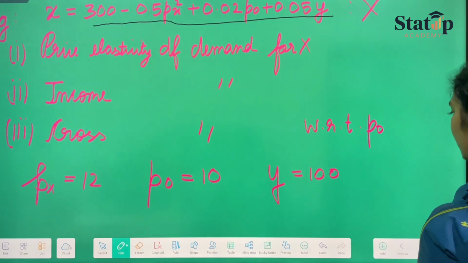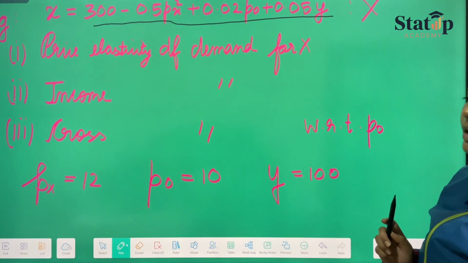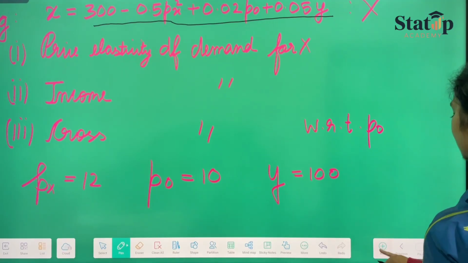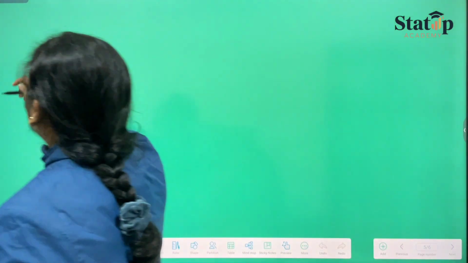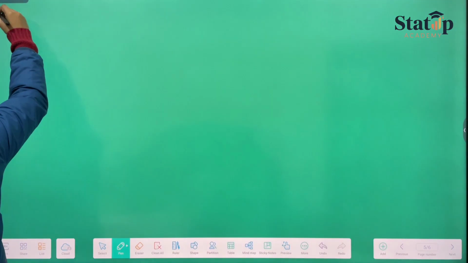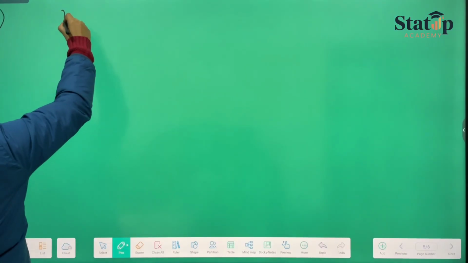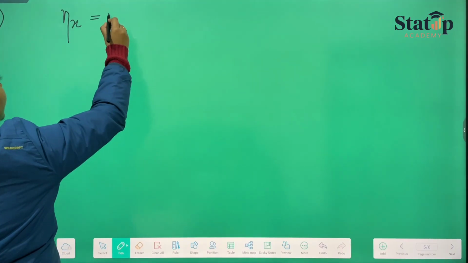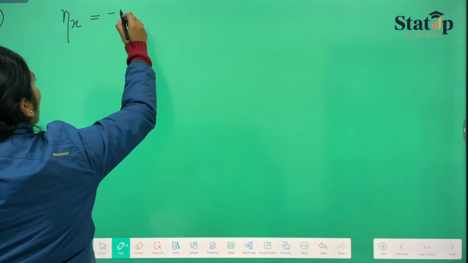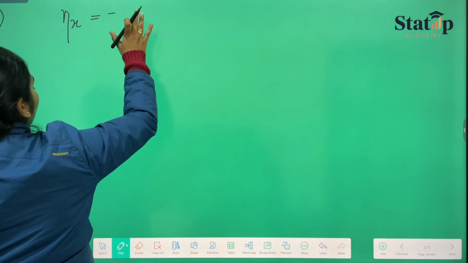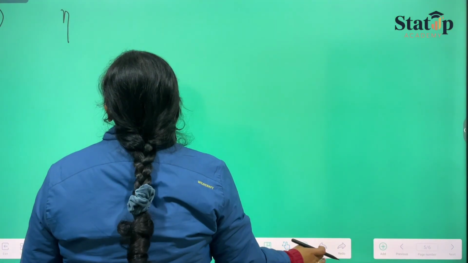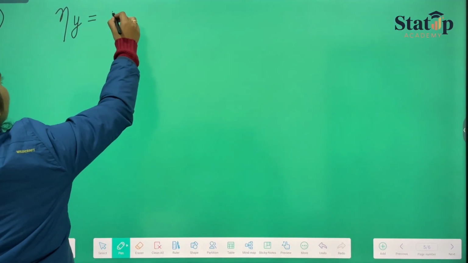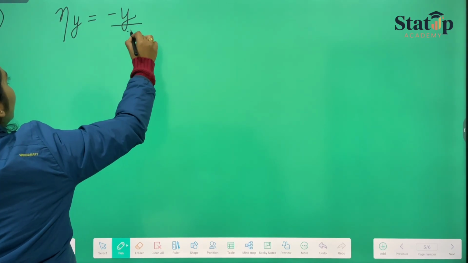Now moving forward to the second part, we have to calculate income elasticity of demand for commodity X. Here income is y, so the formula is eta y equals y upon x.